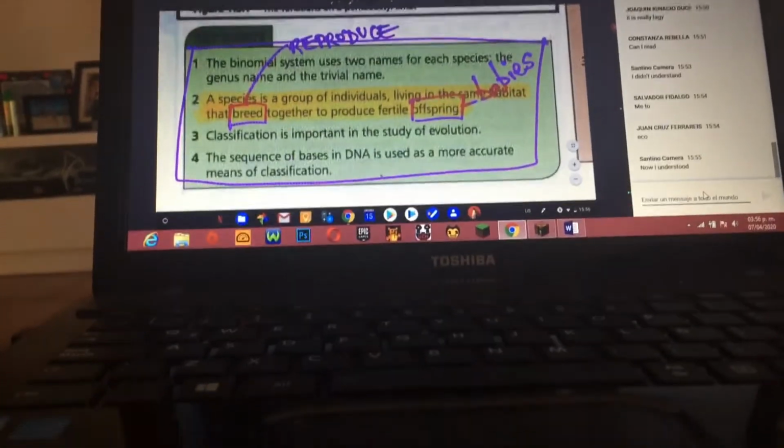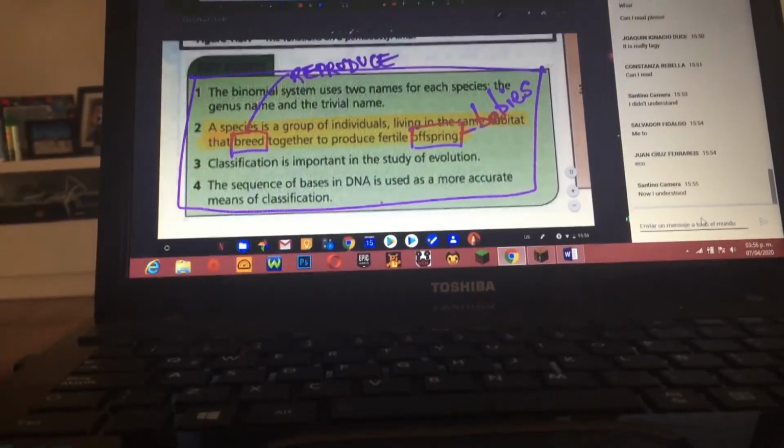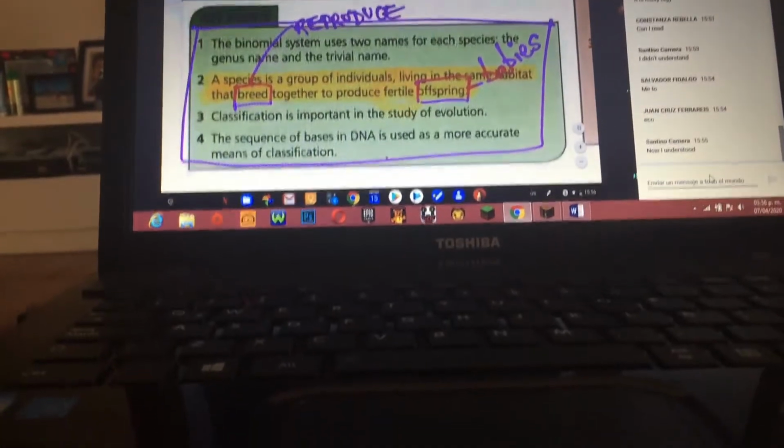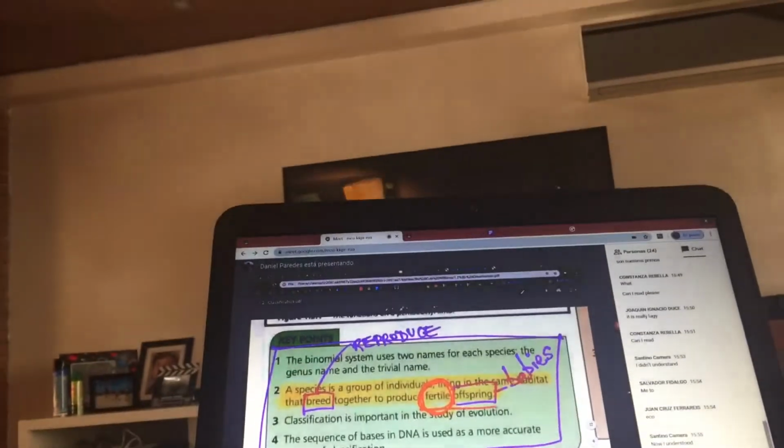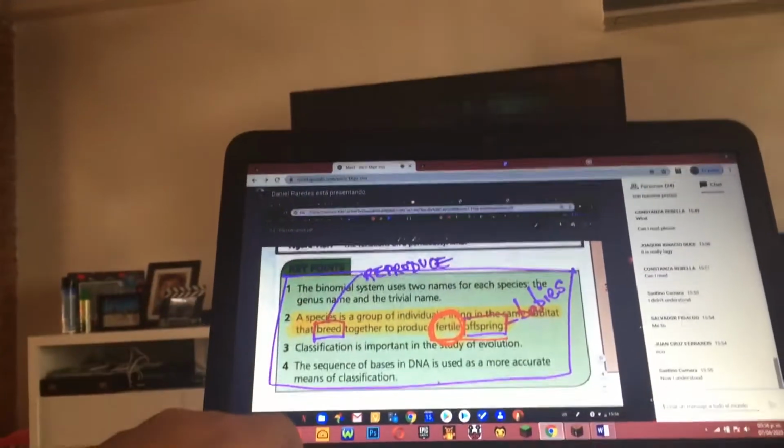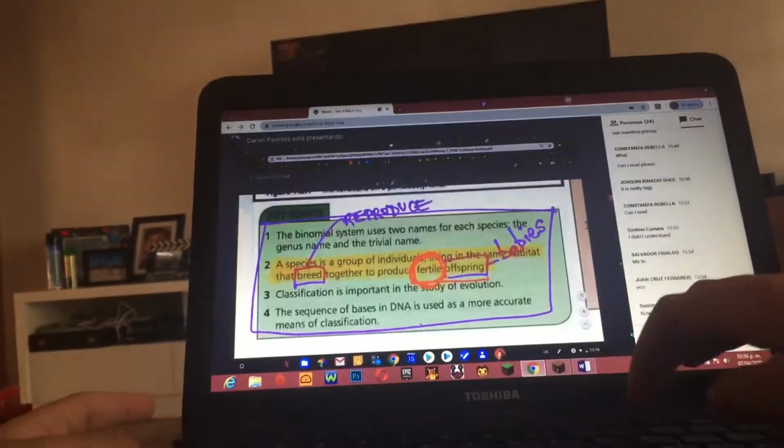That's why it says that breed together to produce fertile offspring. Hopefully everybody understands that. That's critical. Okay, so moving on.